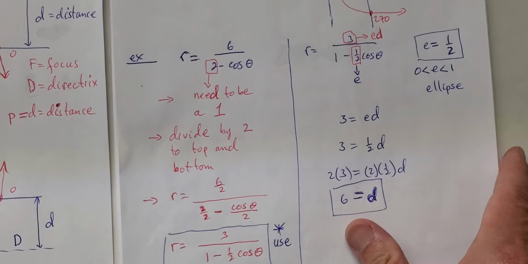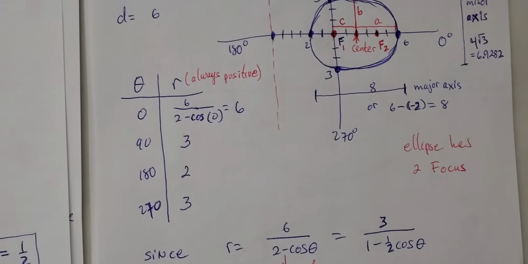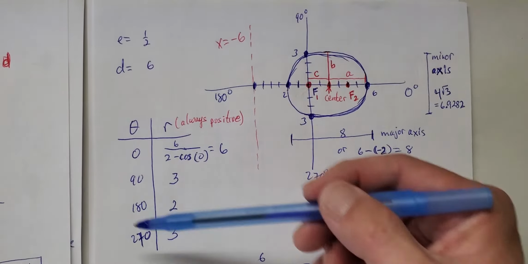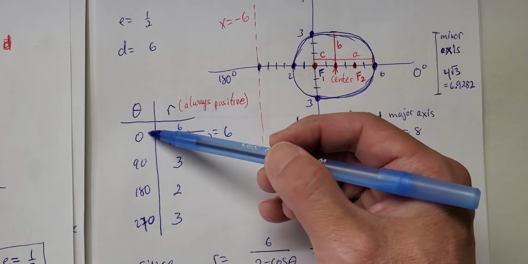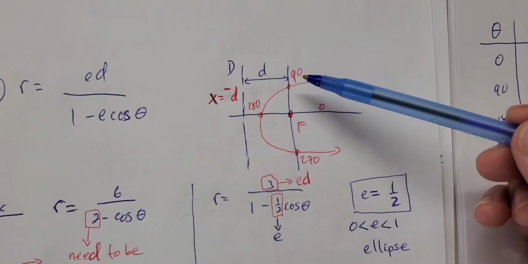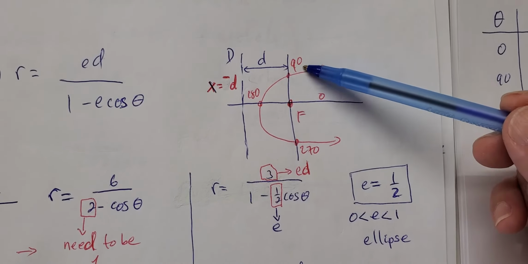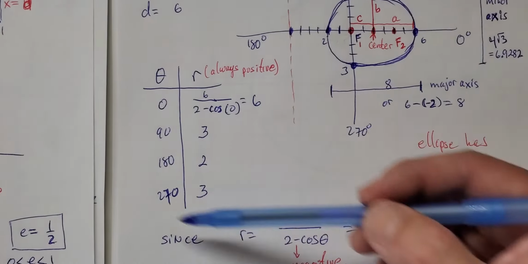Next we need to find the points. Using 0, 90, 180, 270, you will always use these four angles to get the points.